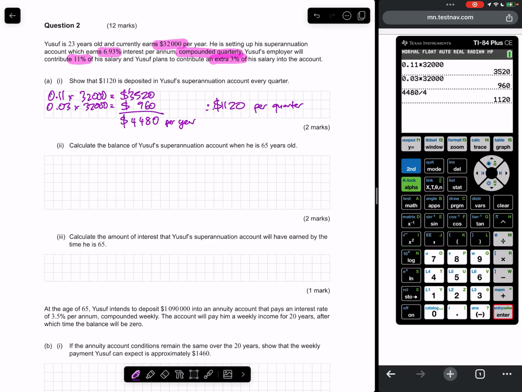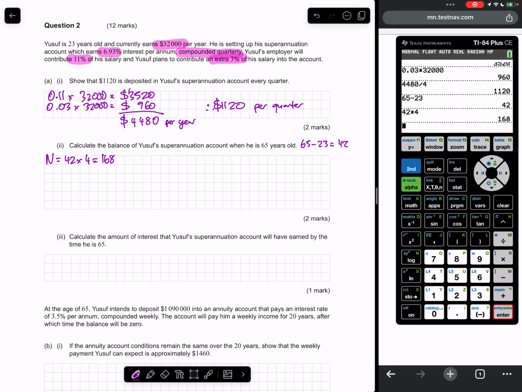Okay, calculate the balance of Yusuf's superannuation account when he is 65 years old. 65 take 23, 42 years of depositing into the super account. So N is 42 years, depositing quarterly, 168 deposits.